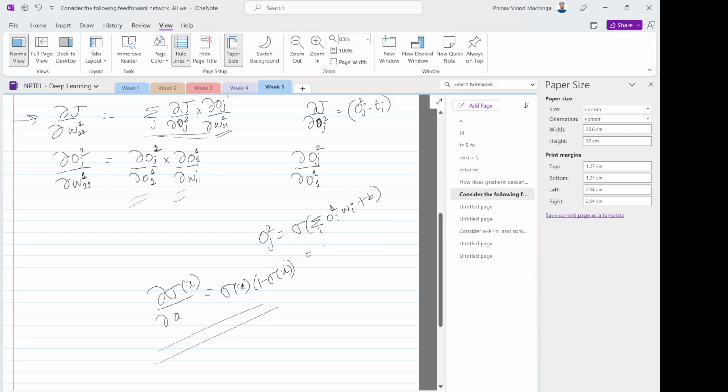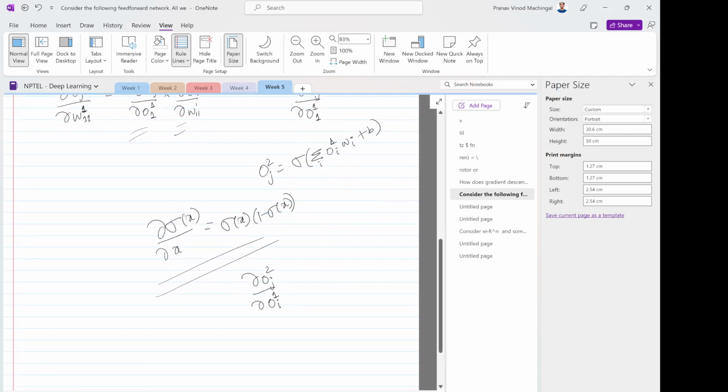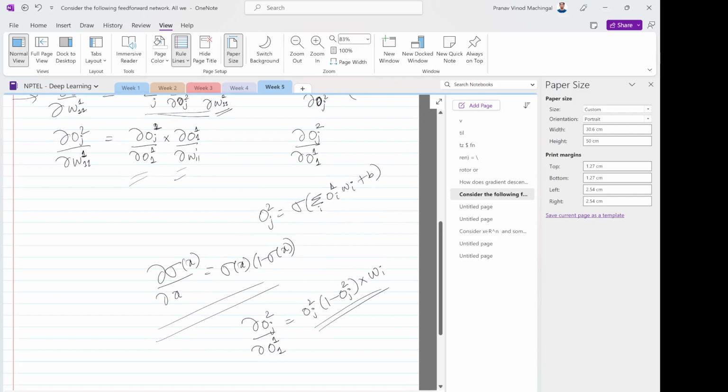So the partial derivative of O2j by O11 will be O2j into 1 minus O2j into, by chain rule, the derivative of this with respect to O1i into Wi. So now you have this term.